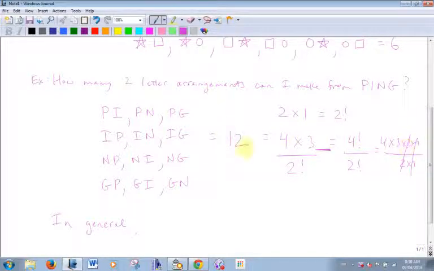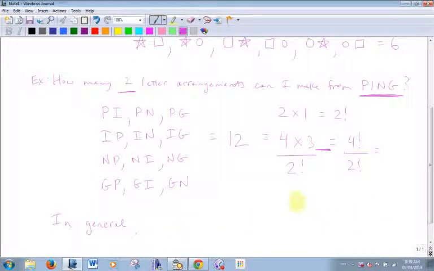So if I want to write 12 in factorial notation, one of the ways I can do that, if I have to start with 4 factorial on the top, is 4 factorial over 2 factorial. Okay? So you might think to yourself, well, there's where I get the 4 from. I have 4 choices, and I choose 2 of them. Okay, so you might be guessing it's just 4 over 2.